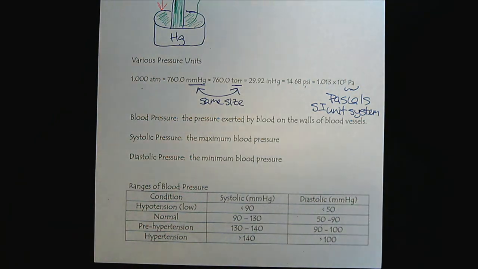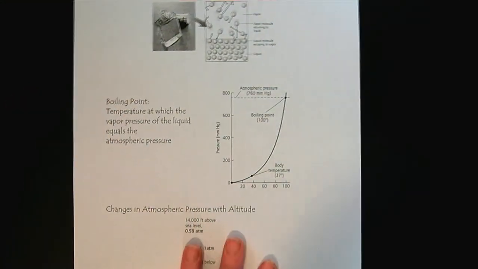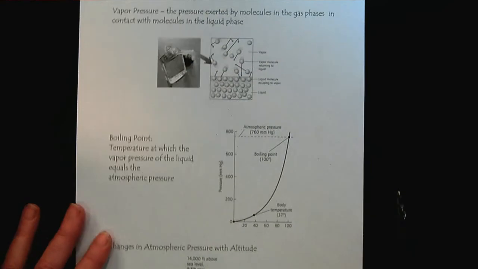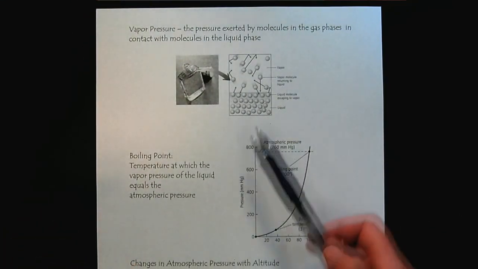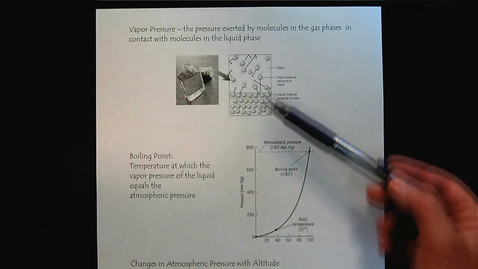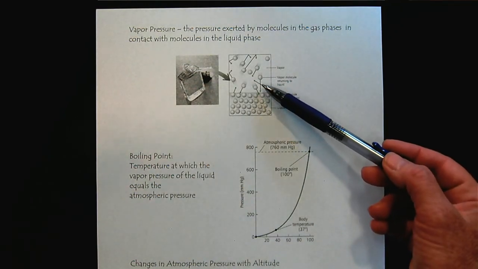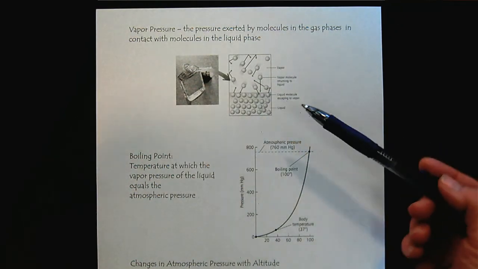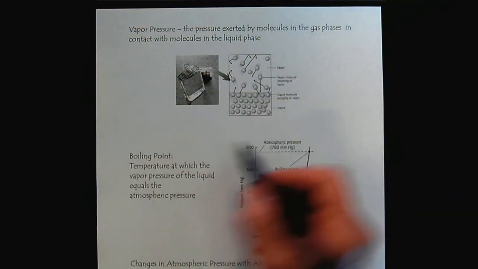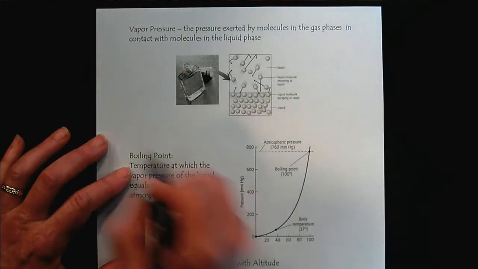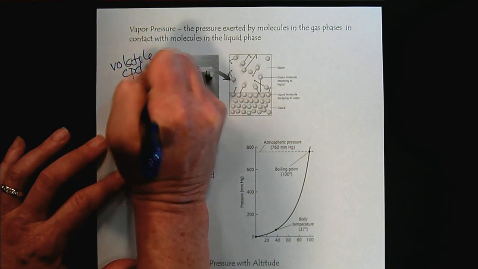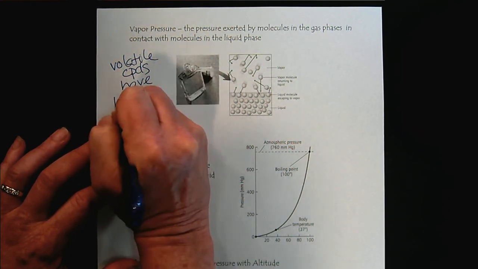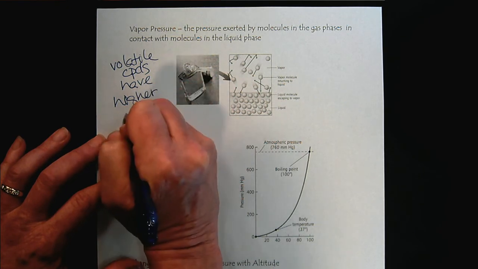Some other places that we're going to encounter pressure units will be when we talk about vapor pressure and the boiling points of substances. So the more volatile a compound, the higher its vapor pressure. So volatile compounds have higher vapor pressure.